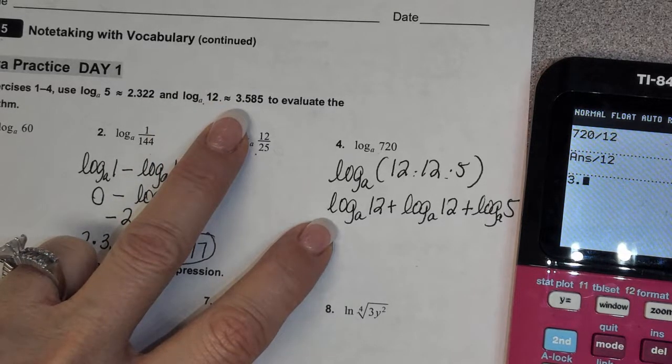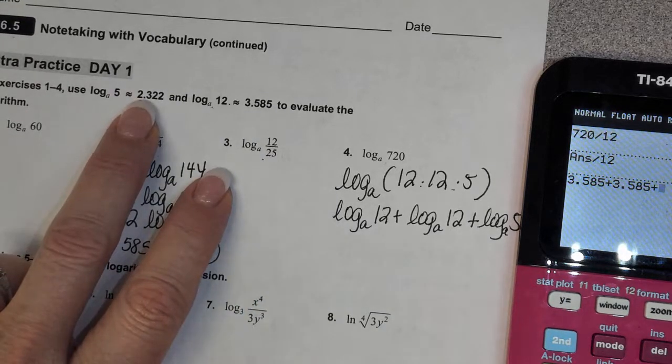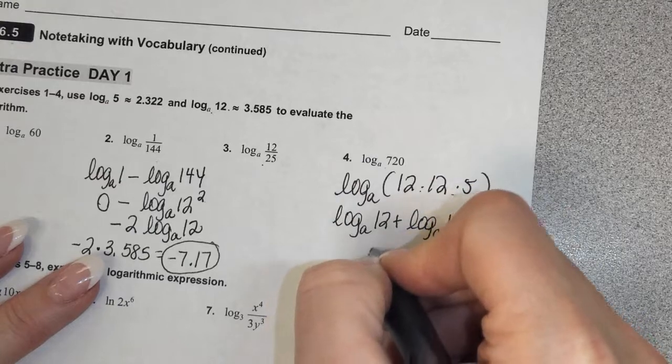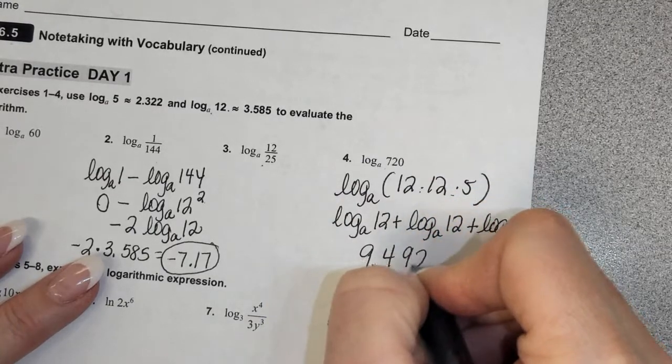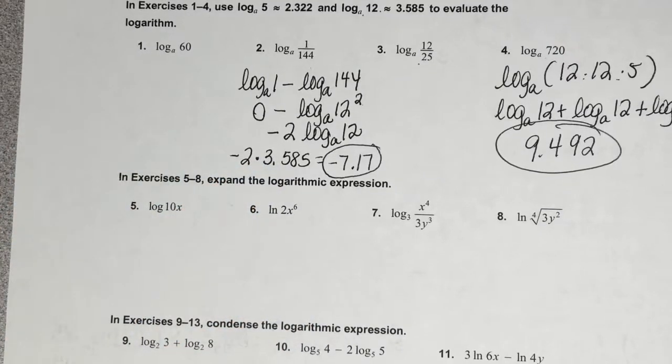So 3.585 plus, there it is again. And then finally plus 2.322. And I get 9.492. All right, I want you guys to try 1 and 3 now.